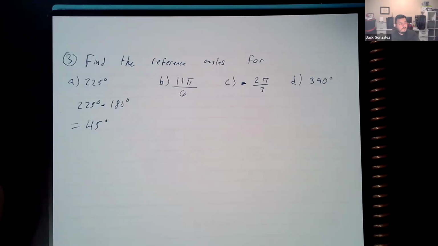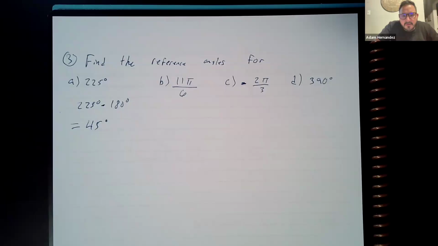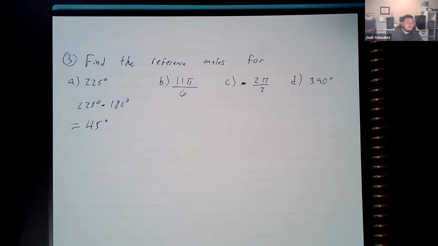Okay. Now for part B, which quadrant is that? Is that the fourth one right there? Fourth. Yeah, I think you're right. And if it's in the fourth, we have to follow 330. So would it be 30?